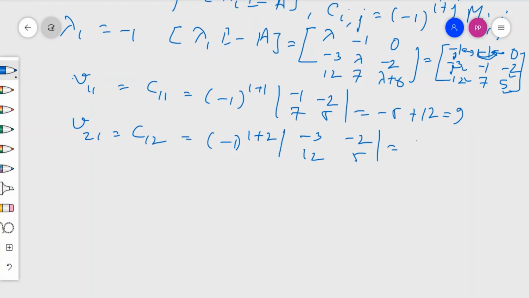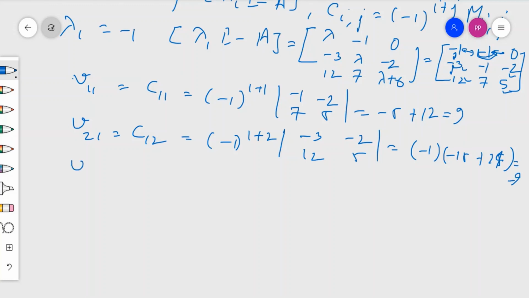So here it becomes minus 1 then multiplied by minus 15 plus 24. Sorry, this is 24. So this becomes minus 9.